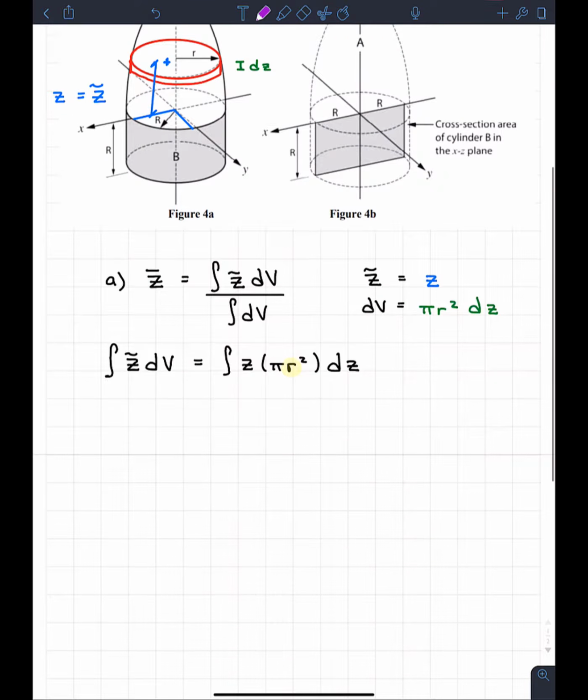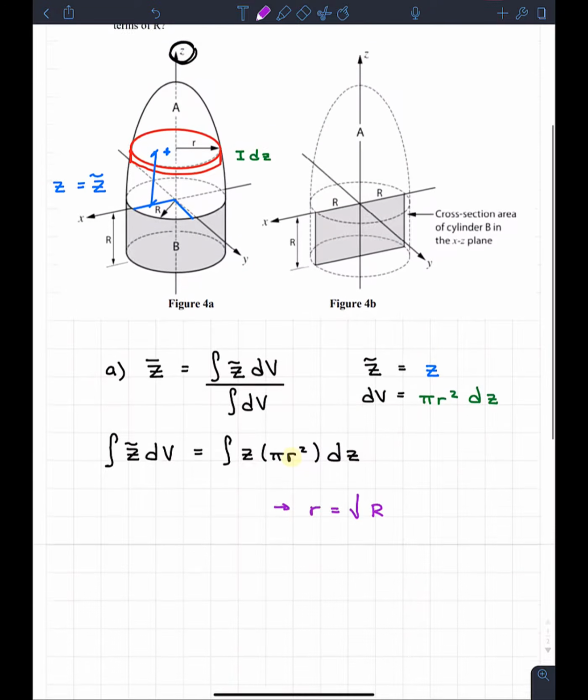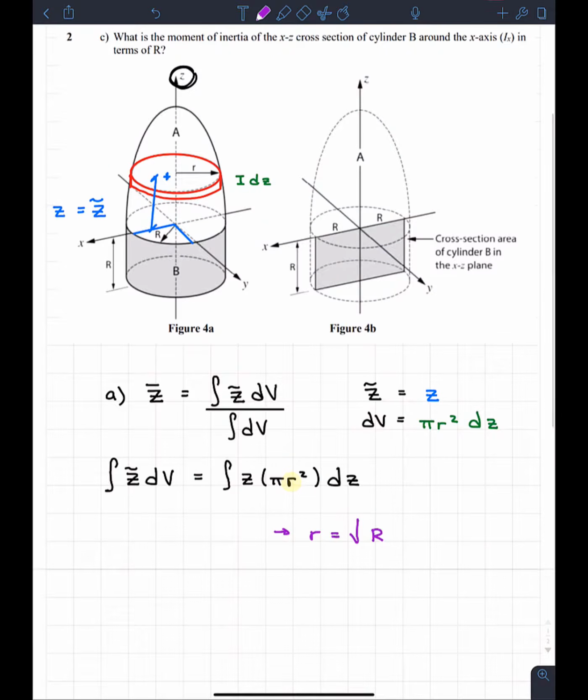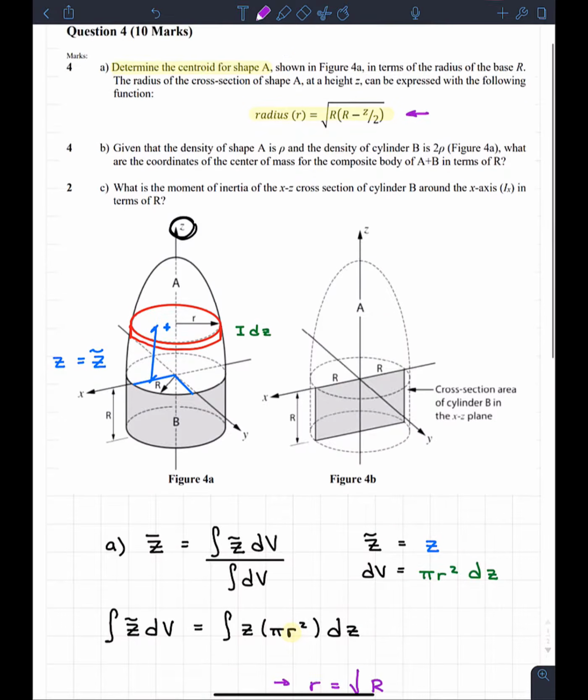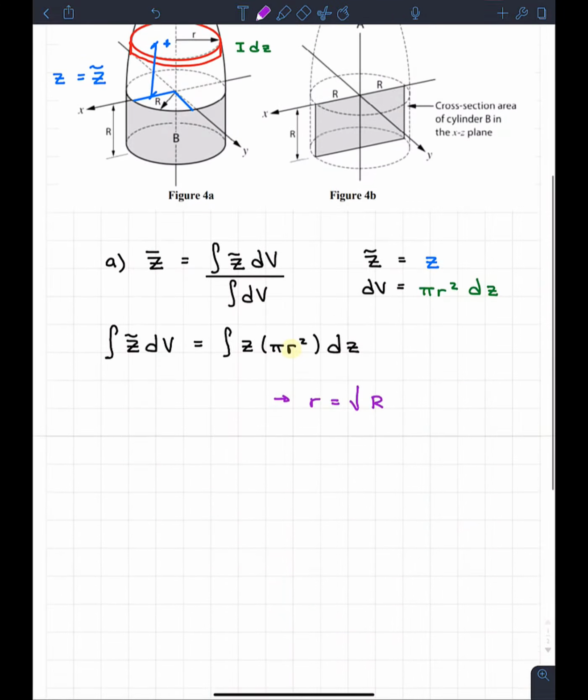So right here, I'm going to make a little note that we know that r is equal to the square root of big R, and that big R is fine because that's a constant. So if we have constants in our integral, perfectly fine. We just don't want variables. So we got that big R, and then in brackets, big R minus z over 2, and that's it.